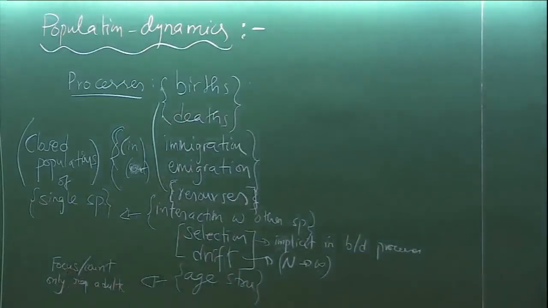For those of you who don't know what is drift, it's basically the fact that birth and death of individuals are not deterministic events. So if let's say there are 50 individuals, if everyone has some probability of reproducing and giving rise to 2 children, it doesn't mean that when they all reproduce there will be exactly 2 times 50, 100 individuals, because it's a probabilistic event.